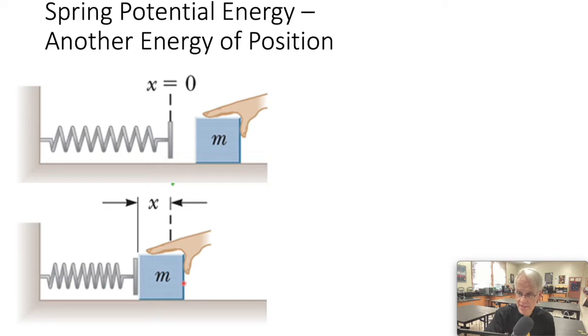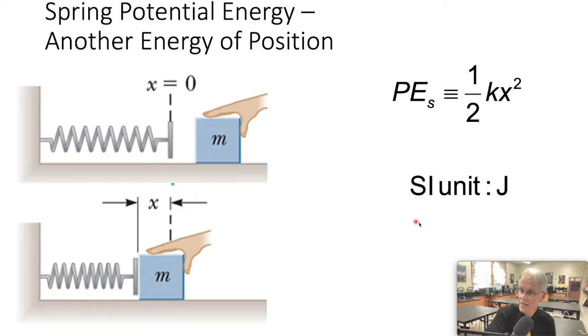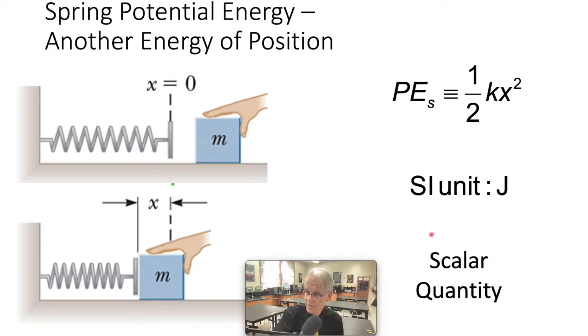If we take this mass, press it against the spring, and move it, say, to some position x, the spring potential energy will be defined as 1/2 times k, which is the spring constant of this particular spring. All springs will have different spring constants. Then times the position squared. Once again, we're using the units of energy and work, which are joules. And once again, since it's energy, it is a scalar quantity.